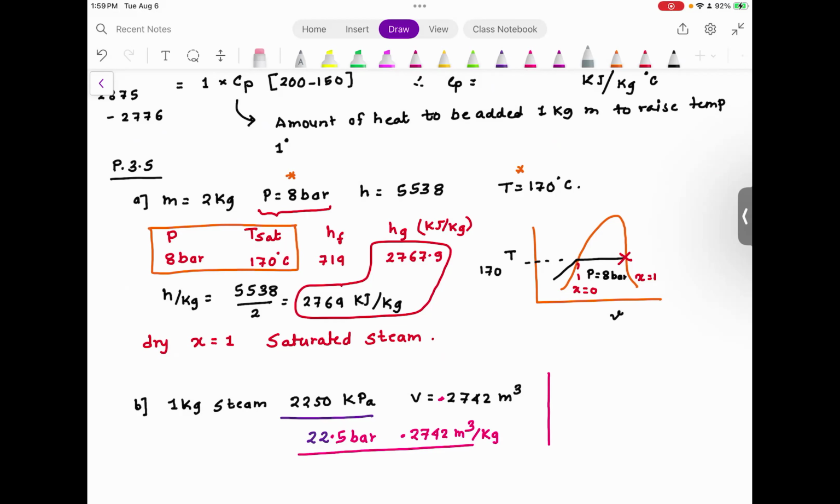So please note for pressure 22.5 bar, specific volume, which is Vg, is given as 0.078. Do you agree with me? Meter cube per kg. But this specific volume is much greater than the specific volume at Vg. That means this is a superheated vapor.